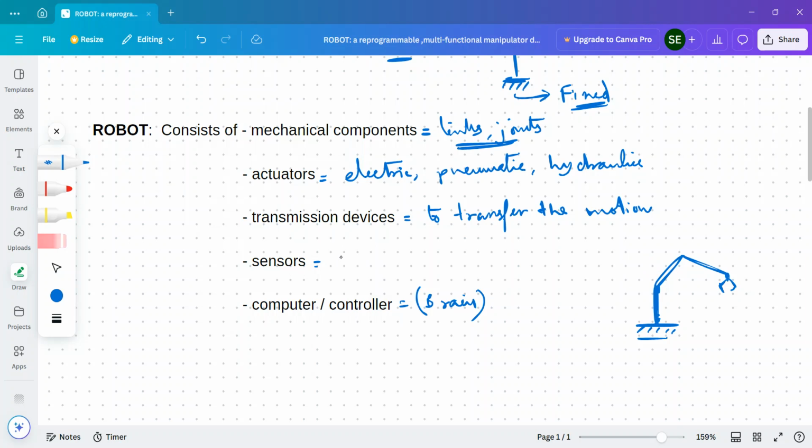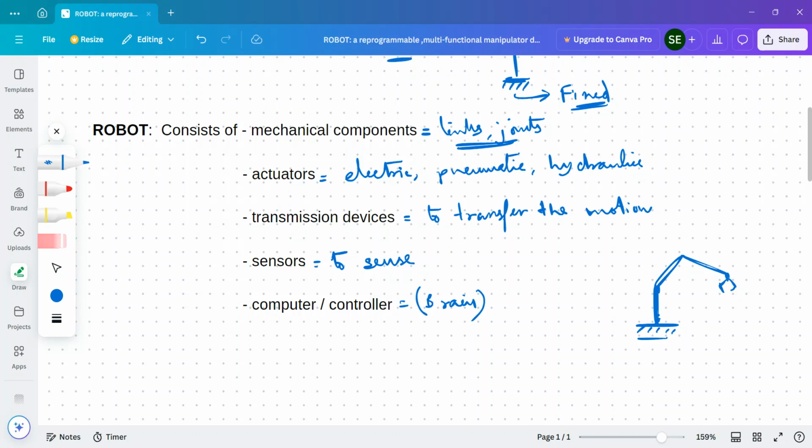So, what are sensors? This is a very common name. Everyone knows about sensors. There are a lot of sensors nowadays. Your smartphone has sensors, your laptop, and your smartwatch too. Sensors help to sense, and they can be of any kind as per the need.